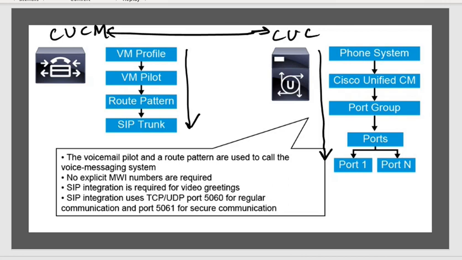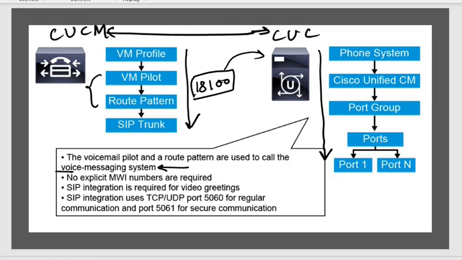So the voicemail pilot and route pattern are used to call the voice messaging system. This is the answer to your question. These two in combination are used to call the voice messaging system. So it's like a number you are creating, for example, 18100. You have created this number. This number is a CUC voicemail number.